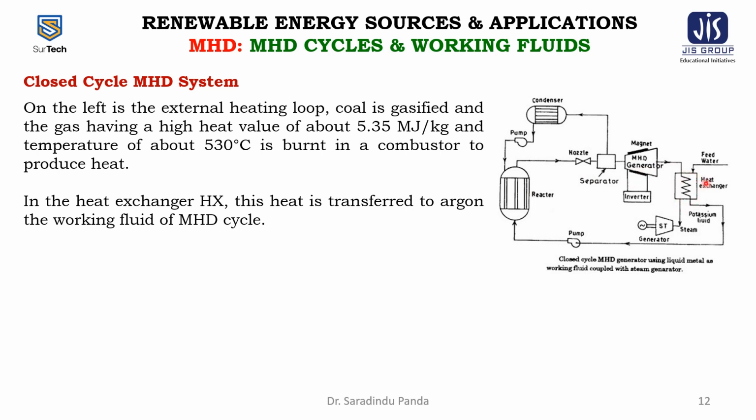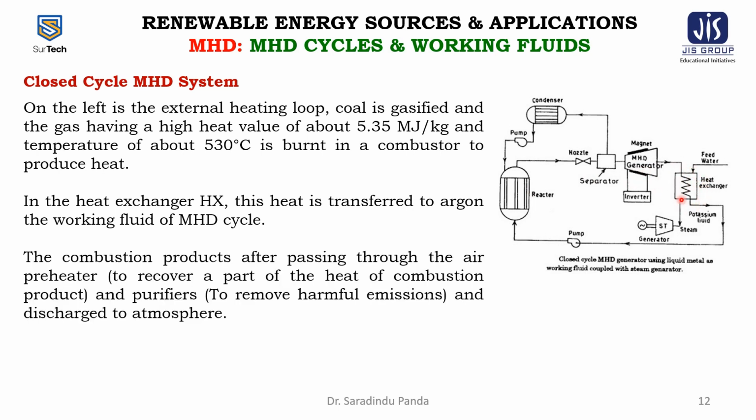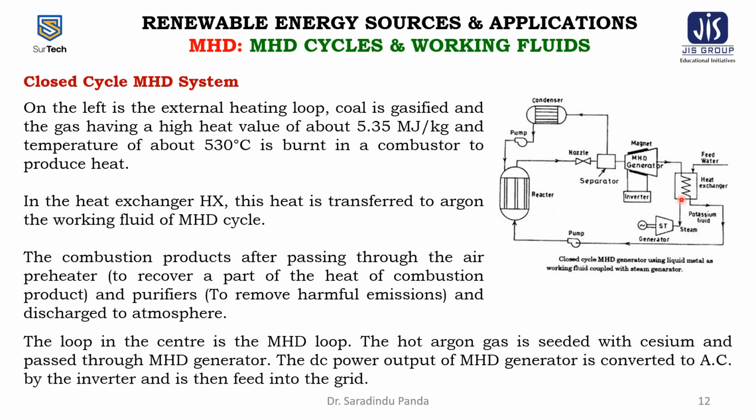This is the heat exchanger. The combustion products pass through the air preheater to recover a part of the heat of the combustion product, and then through the purifiers to remove the harmful emissions before discharge to the atmosphere.